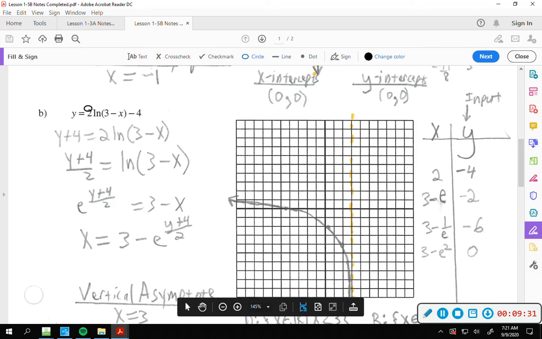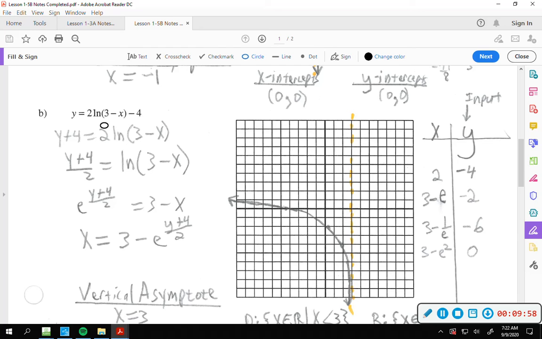Okay, and you could go through your transformations, but I want you to be able to rewrite this in exponential form, because these logarithmic properties are going to be very important when we solve equations later on in calculus. First of all, I cannot undo this natural log until I have a natural log and an argument only on this side.